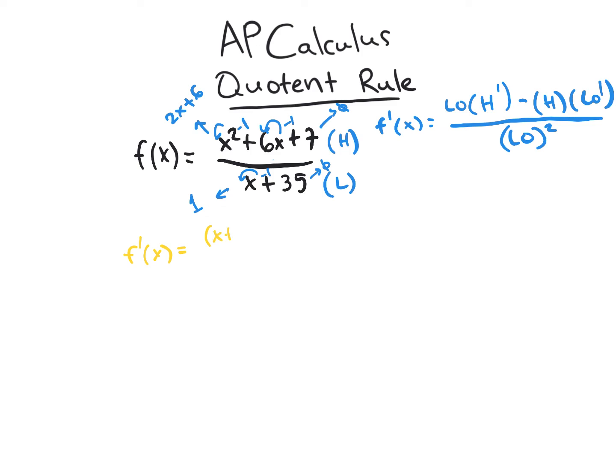Low is x plus 35 times derivative of your high, 2x plus 6, minus high, x squared plus 6x plus 7, times derivative of your low, 1. Now we're going to divide by low squared, which is x plus 35 squared. That will be our final answer.